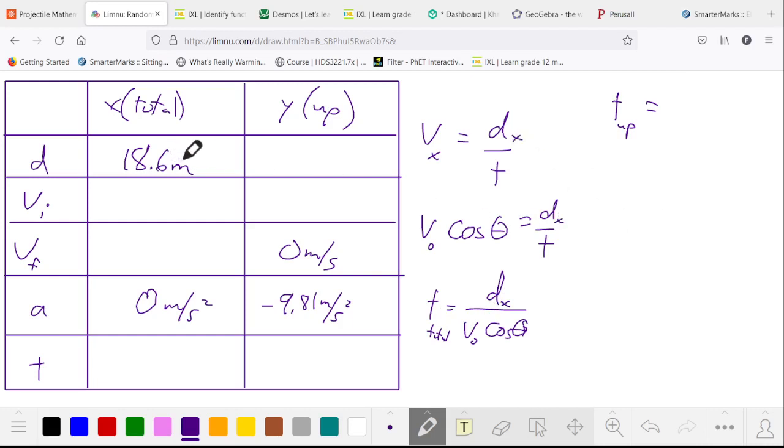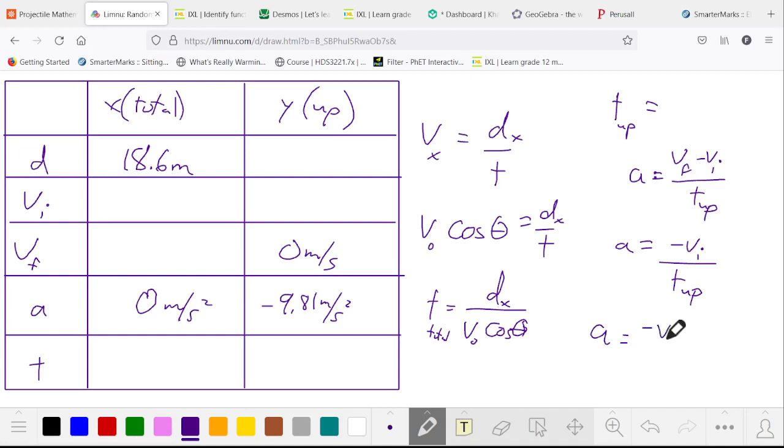But the dx is known, remember. So here we do not know the initial velocity, but we know our time. Our time up we can do by saying, well, yeah, for example, let's say A is VF minus VI over time up, or just a negative VI over the time up, because the VF is 0.